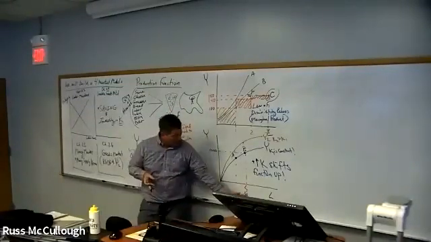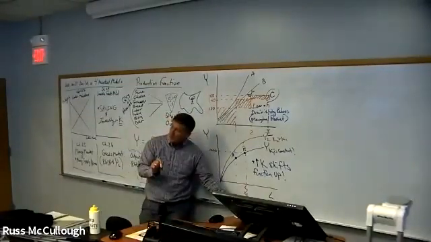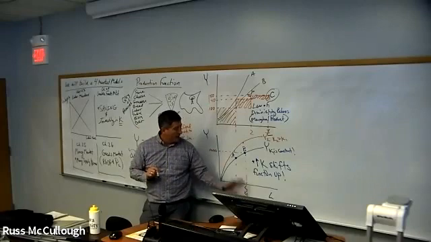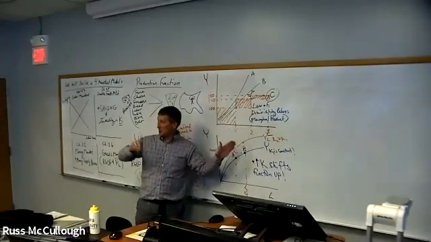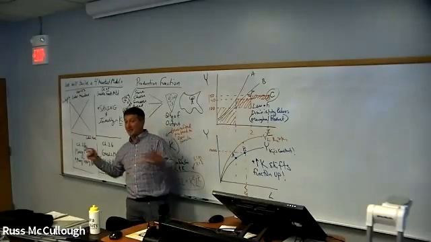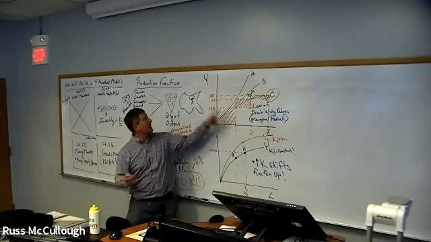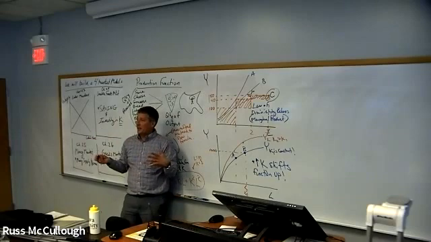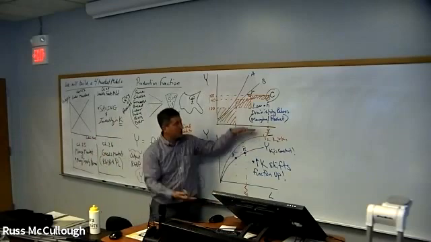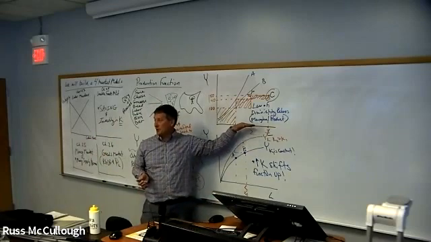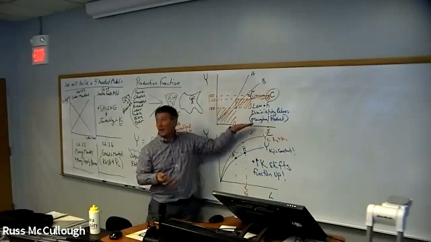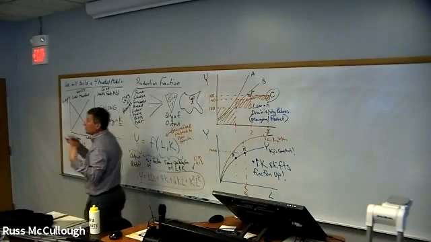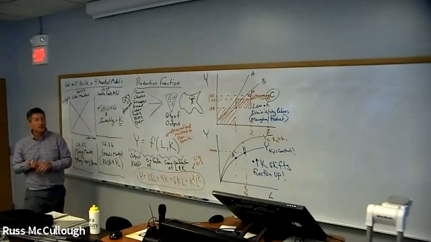And so the remaining Russes at that particular company are more productive. One person can do more than they could before because of the new technology. And the unhappy Russ is going to go to some other industry and get employed anyway. And so ultimately, this function shifts up just like it did with new machines. A technological advance is going to push it up just like adding more machines.